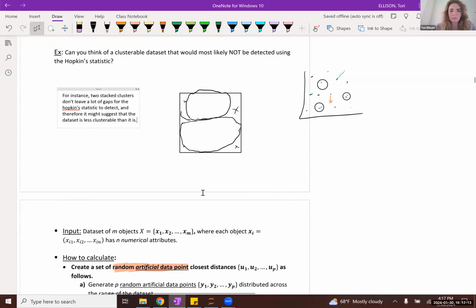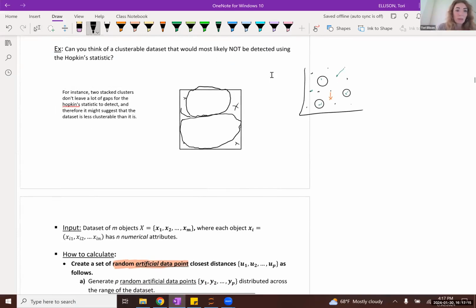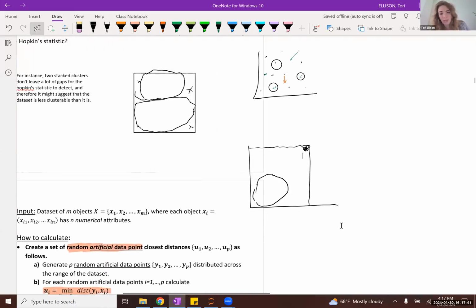And then furthermore, let's think of an opposite scenario in which, for instance, we have a data set which is more or less like a blob of points. And maybe we have an outlier here. So now here's going to be my range of values that I'm going to be randomly selecting artificial data points from. So in this case, our range of values actually leaves a lot of gaps.